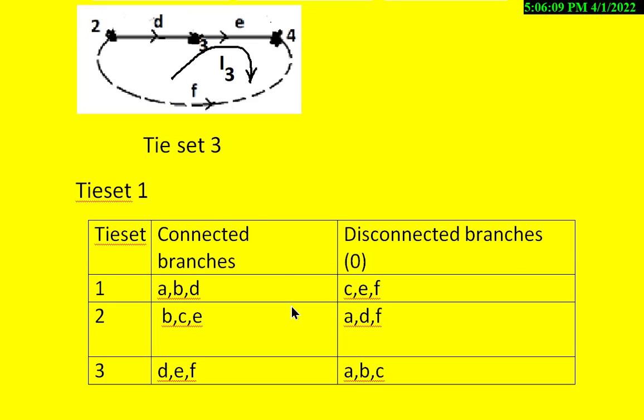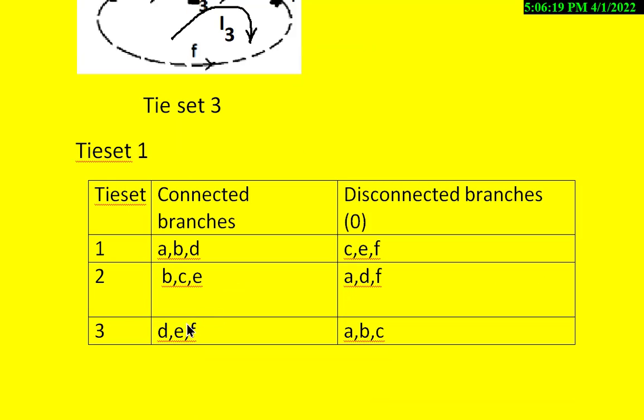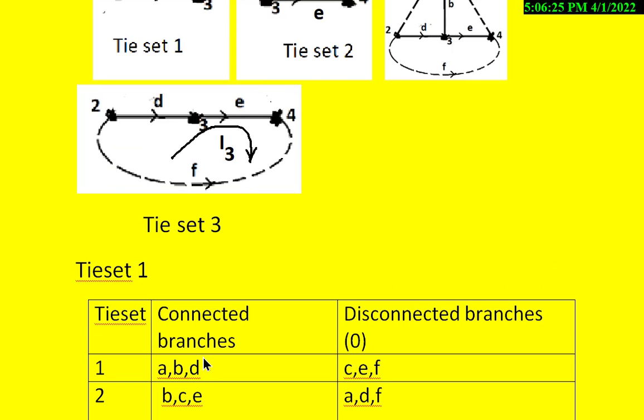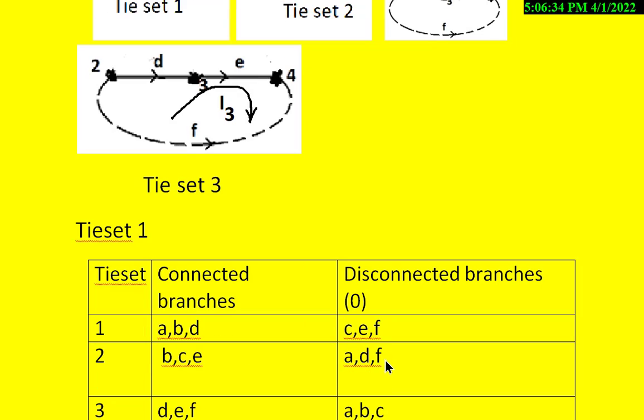So when we look at Tieset 3, the elements or branches connected to this are only 3, that is D, E, F, whereas the unconnected elements are A, B, C. Similarly, the second Tieset has B, C, E as the connected elements, whereas the other elements are disconnected elements, right?